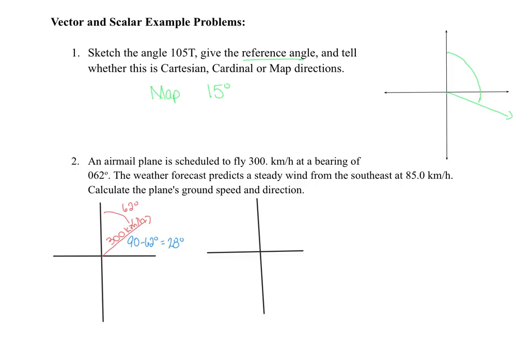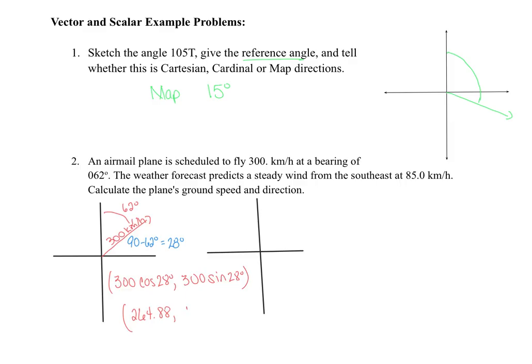I'm going to break this down by saying my 300 kilometers per hour times the cosine of the 28 is going to be the x component. 300 kilometers per hour times the sine of 28 is going to be my y component. And I'm going to break it down into an xy. So the velocity here is 264, and I'm not going to use significant digits right there.